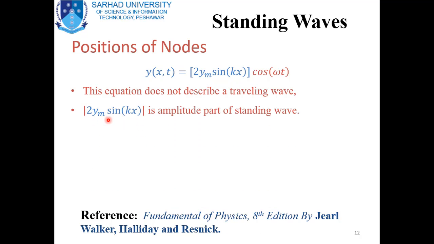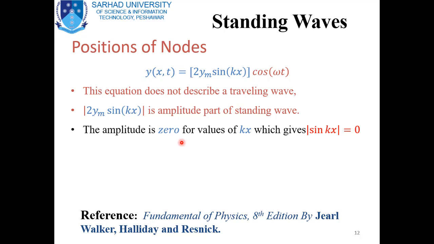The 2ym sin kx represents the amplitude part of the standing wave, and cos omega t represents the oscillating part of the standing wave. The amplitude is 0 for values of kx which give sin kx equal to 0.